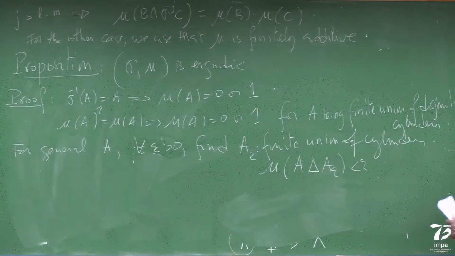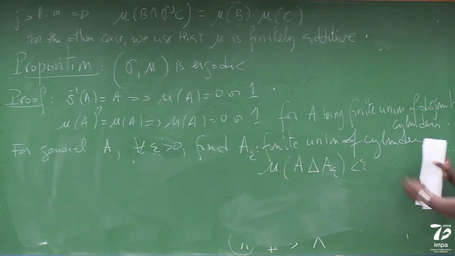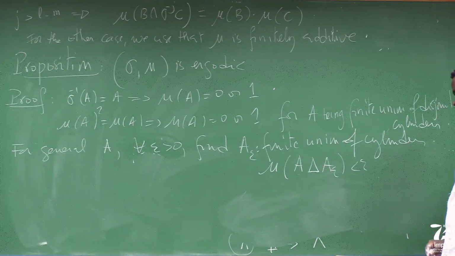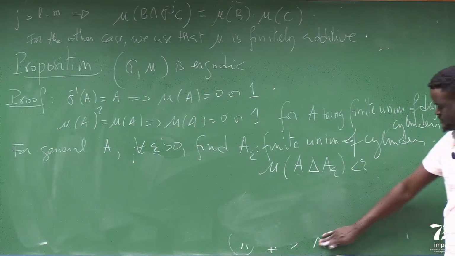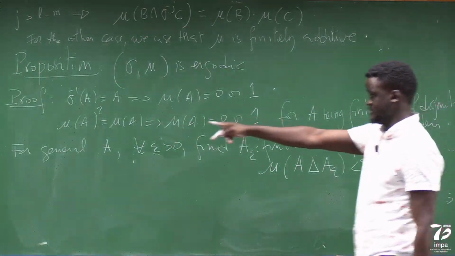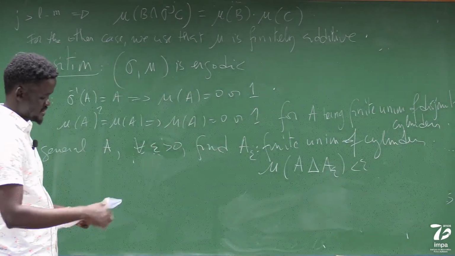These are the points that are in one set but not the other, and their measure is less than epsilon. This is just saying that you can approximate this set with a finite union of cylinders. It's the same thing as approximating any set with intervals, and then you can conclude by taking epsilon going to 0.